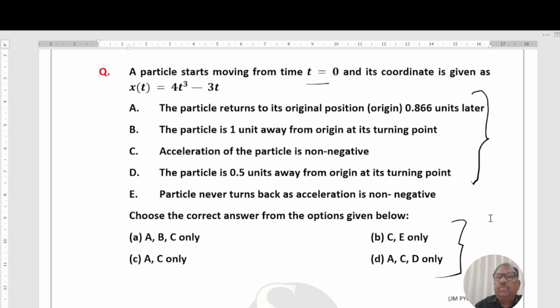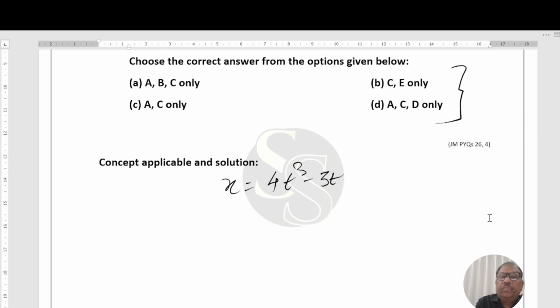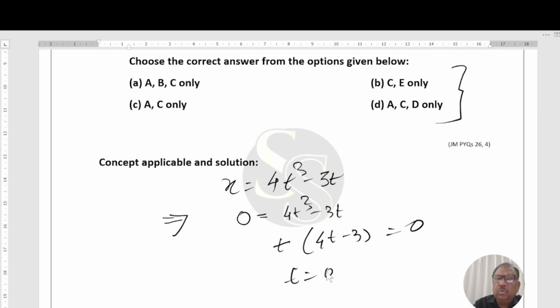Particle returns to original position means 0.866 units later. x equal to 0, so 4t cube minus 3t equals 0, that is t into 4t square minus 3, either t equal to 0 or t square equal to 3 by 4, or t equal to root 3 by 2, that is 0.866.